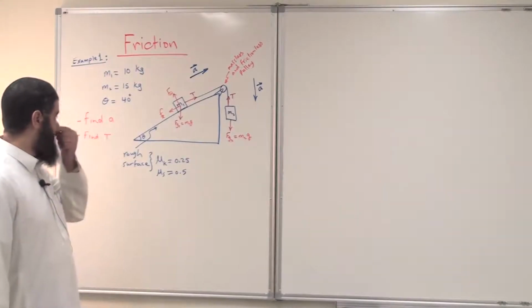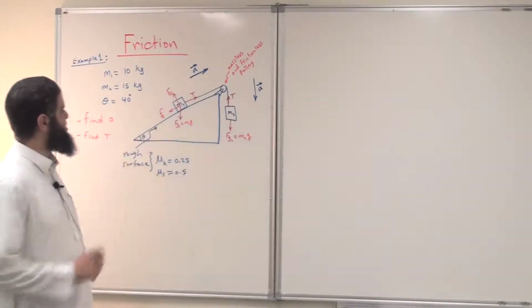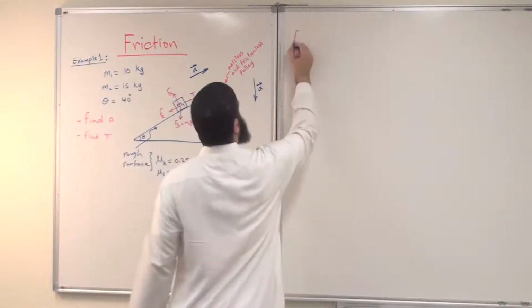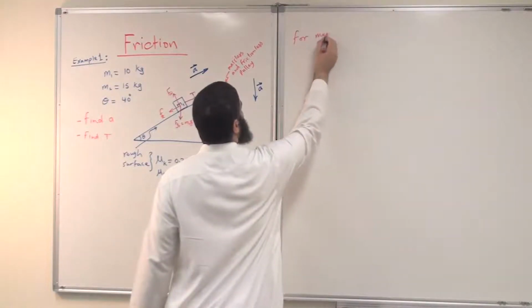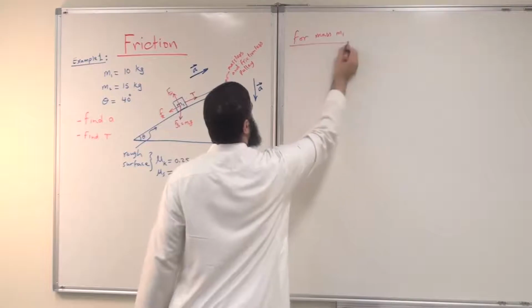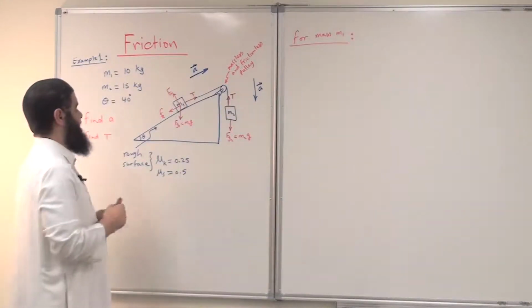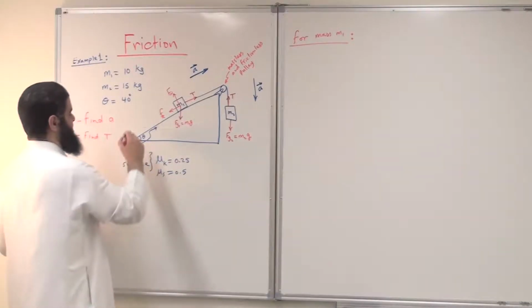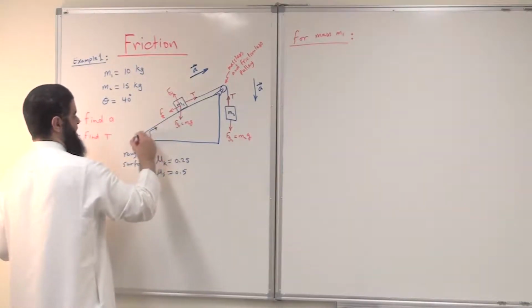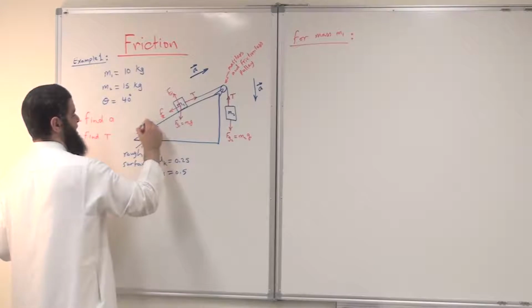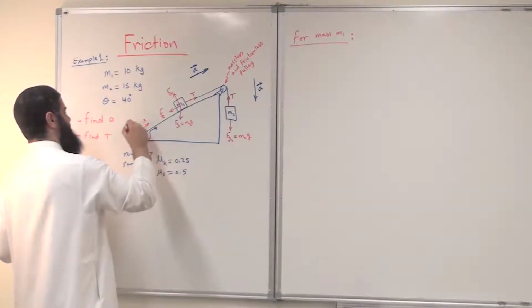Let me start with the first mass, which is M1. For mass M1, I would like to write Newton's law. But first of all, I have to define the y-axis and the x-axis. As usual, this is my positive x, and that is my positive y.